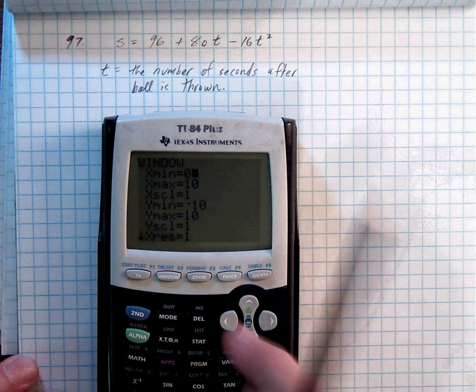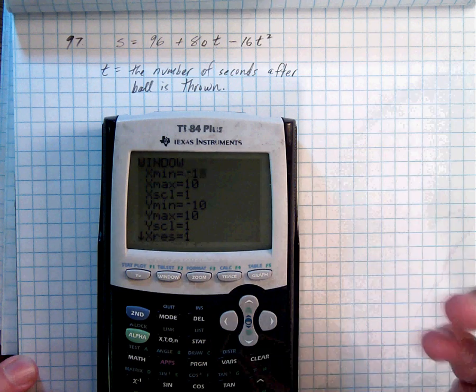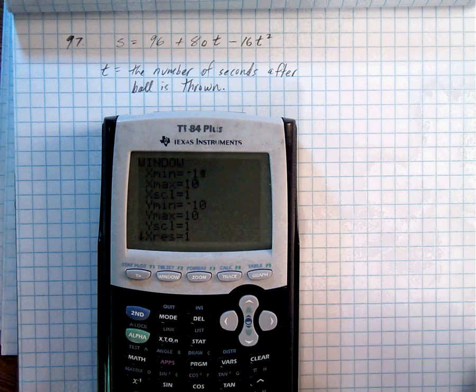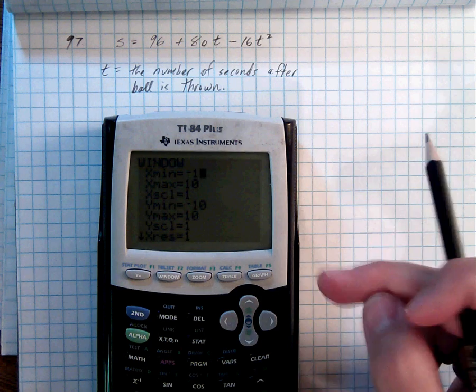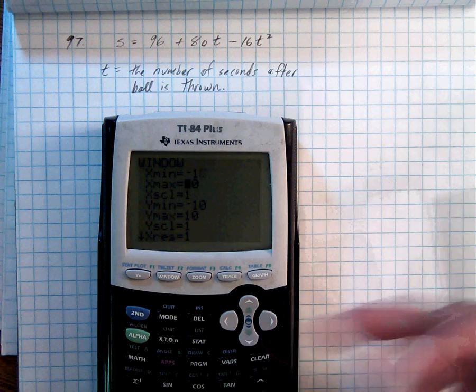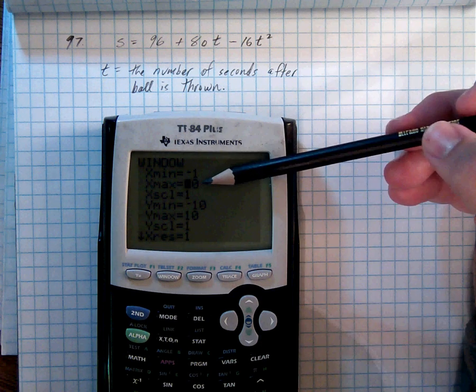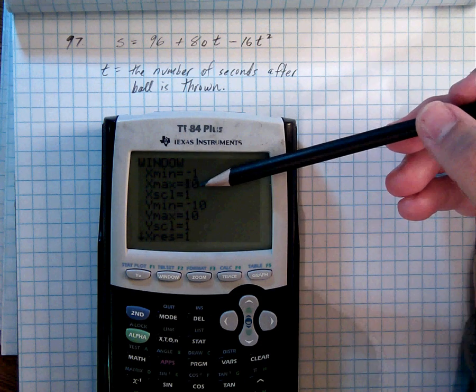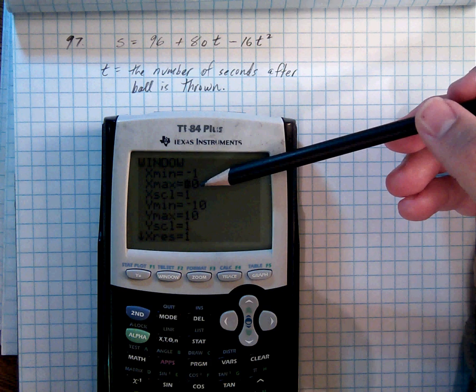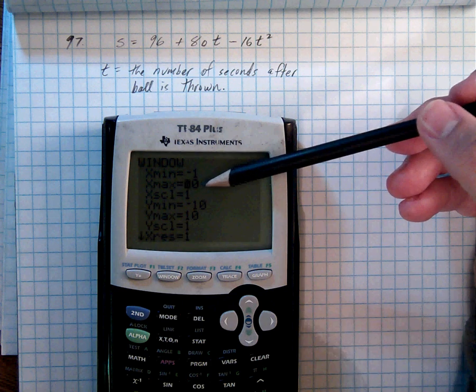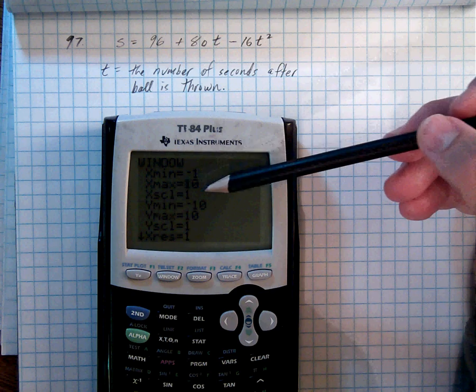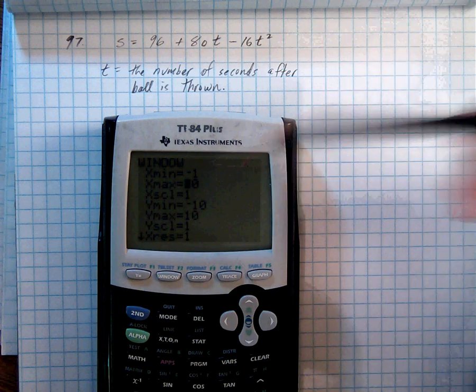You can start before that if you want, like at -1, just because you might want to see a little bit to the left of what you're interested in. The max, well, I'm really not interested in what happens to the function after the ball hits the ground, right? And remember, x is the time, so this ball's going to fly maybe 5 seconds.